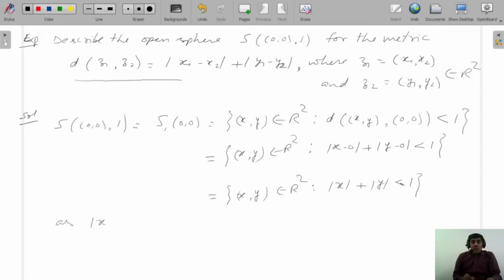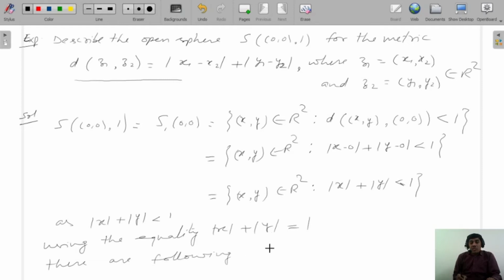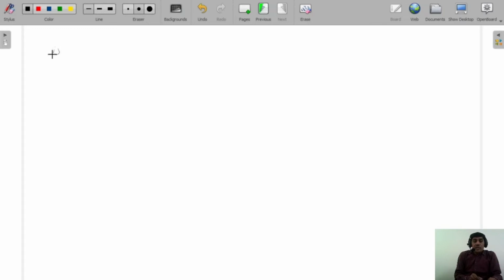As modulus x plus modulus y is less than 1, using the equality modulus x plus modulus y is equal to 1, there are the following 4 possibilities. First, x plus y is equal to 1.